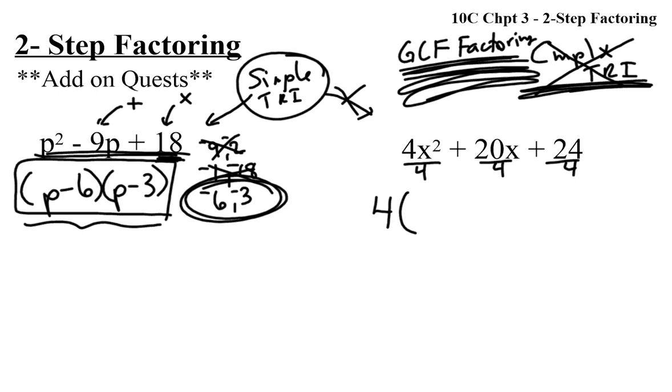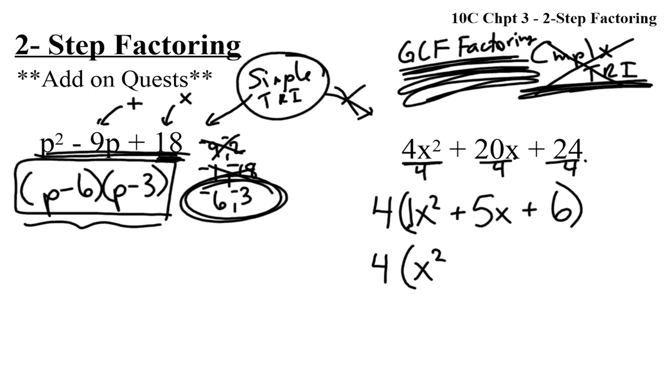GCF factoring to start. 4x squared divided by 4 is going to leave us with a 1x squared. 20x divided by 4 leaves us with a 5x. 24 divided by 4 leaves us with a 6. Now, if I just clean this up briefly, I don't need a 1x squared. I can just write this as 4 times x squared plus 5x plus 6.